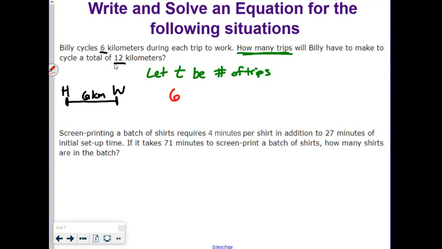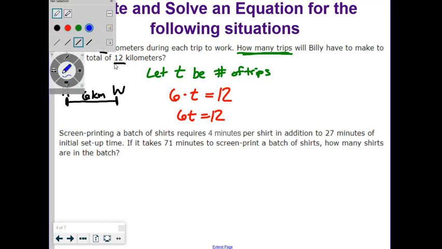So it's 6 times the number of trips, and that'll be our total. Now in this case, we know our total is 12. So 6 times t equals 12, or just 6t equals 12. And that is part of the answer. Okay, that is part of the answer, just writing the equation. That's part of what I want you to do.